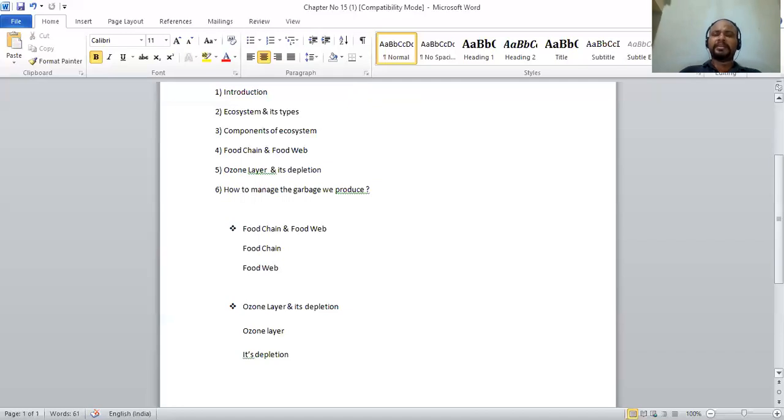There are different factors which are responsible for the ozone layer depletion. Let us see one by one. The first factor is the addition of chlorine atoms in the atmosphere.